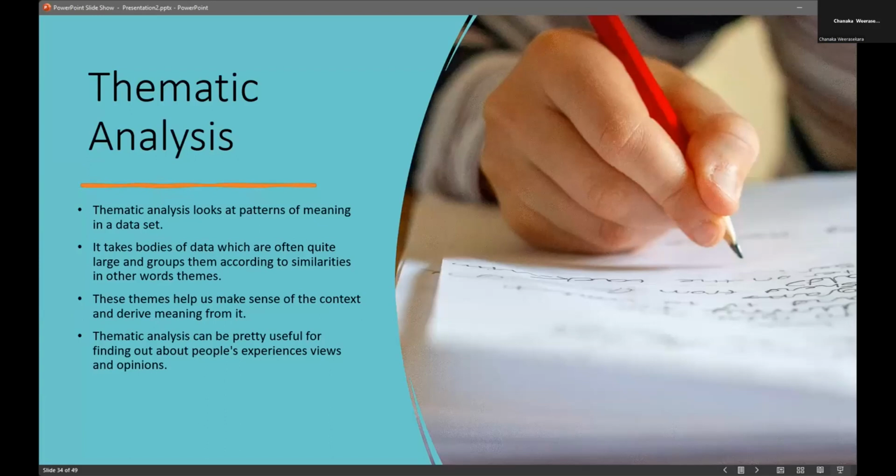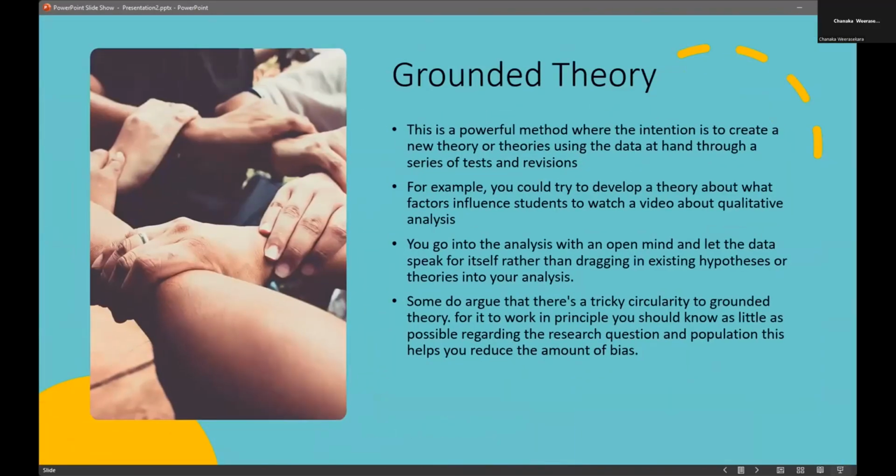Thematic analysis is very useful when you need to find out about people's perception towards something, about their experience, about their view of the world. If you want to capture that sort of data, I think you can go with thematic analysis. So those are the types of analysis you can use.